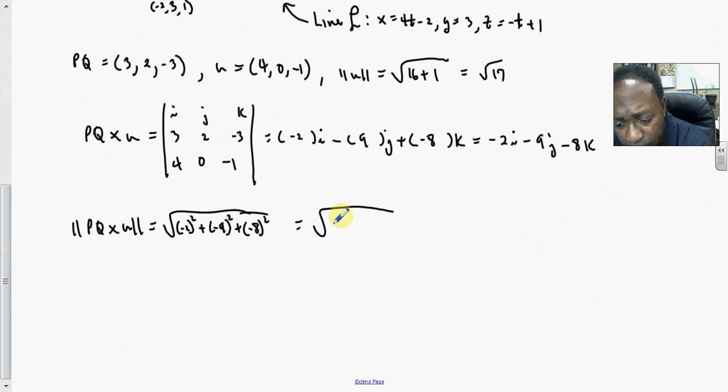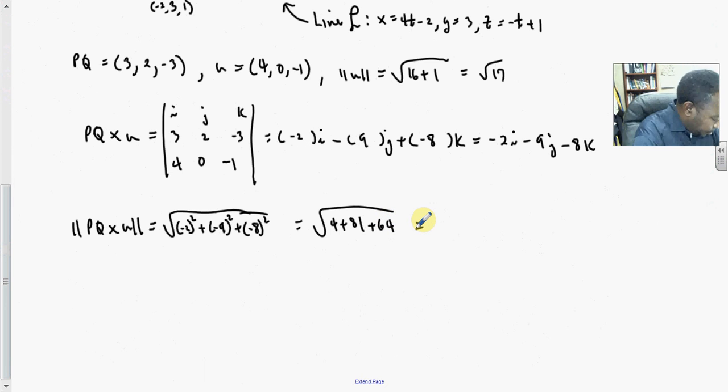So that gives us 4 plus 81 plus 64. You work that out on your calculator, and that gives us the square root of 149.